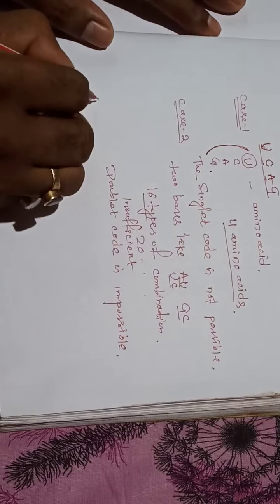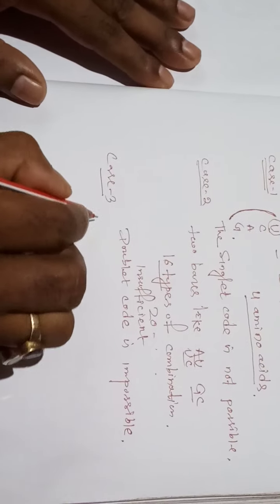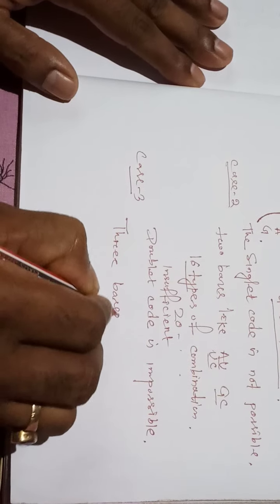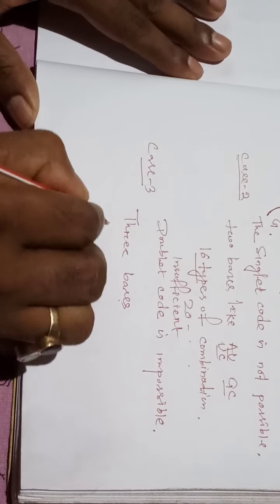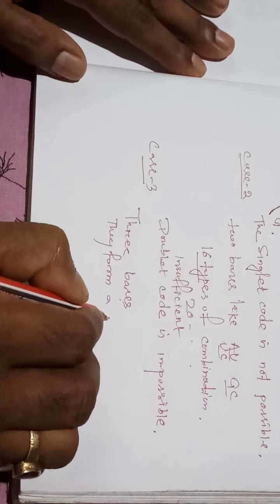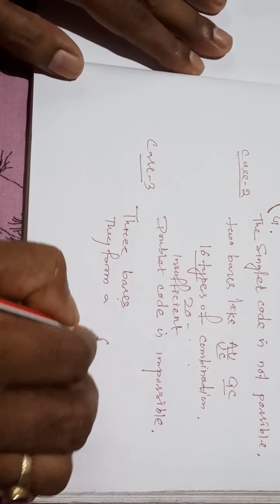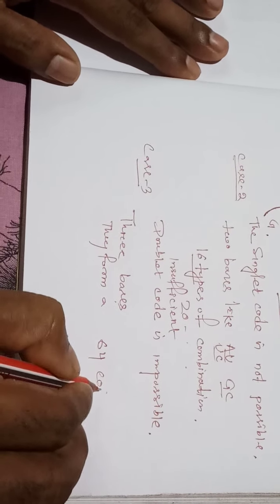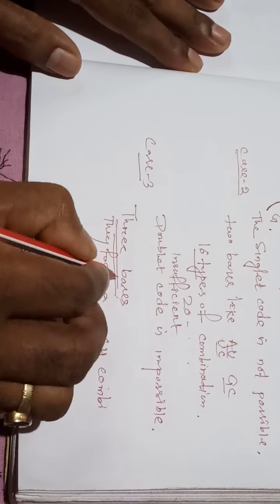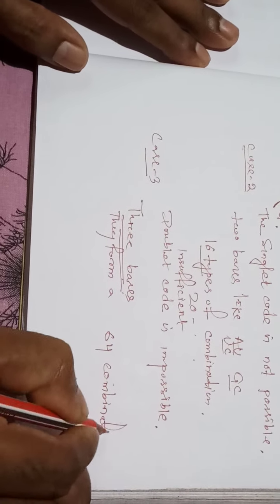Okay, and now we'll take case 3. Here we'll combine 3 bases. By permutation and combination, they form a total of 64 combinations.